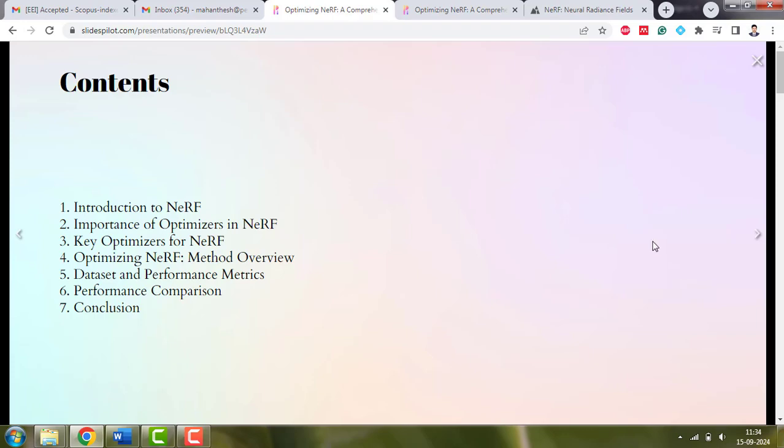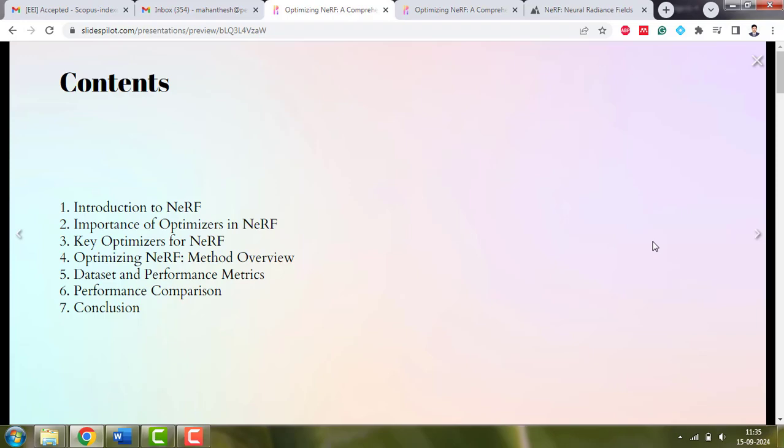The contents of the presentation are as given below. Let's start with the introduction to NeRF and the importance of NeRF optimizers. Then next we will discuss key optimizers for NeRF. There are 4 optimizers whose performance we are comparing.